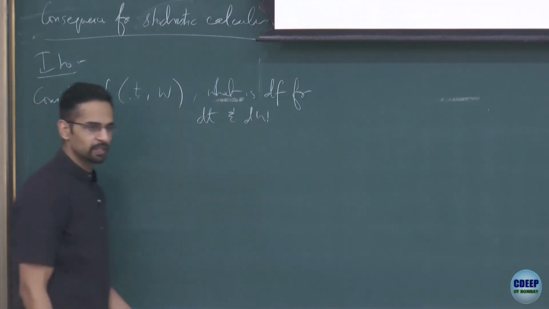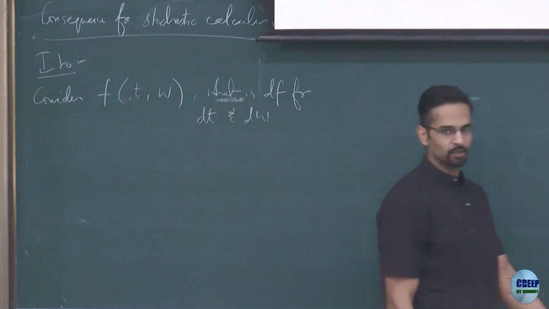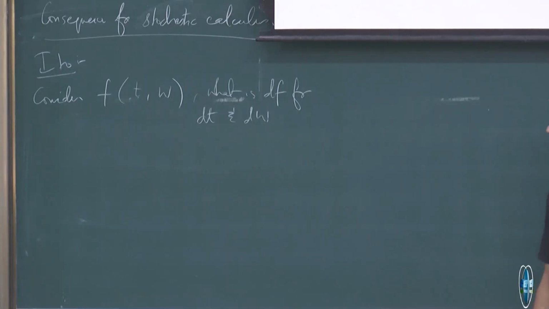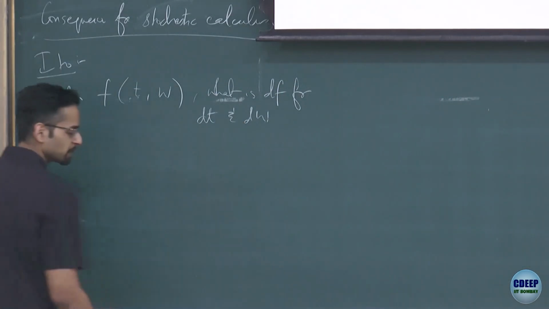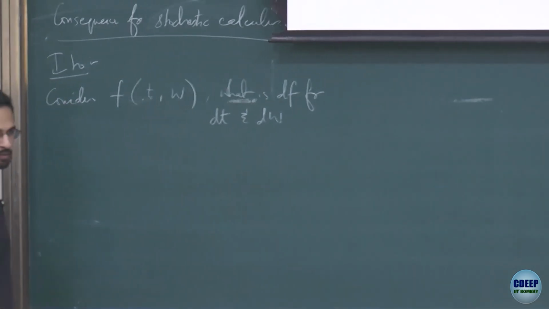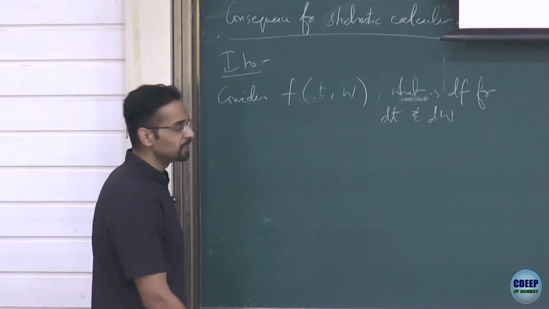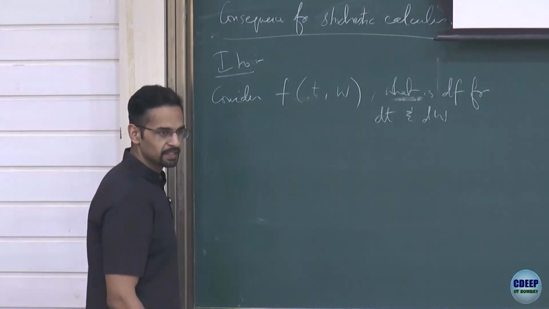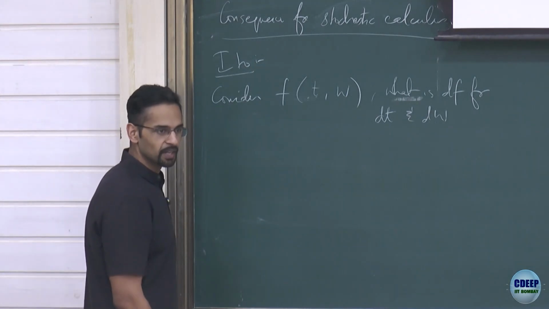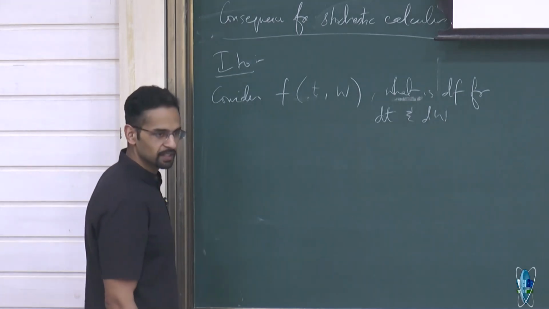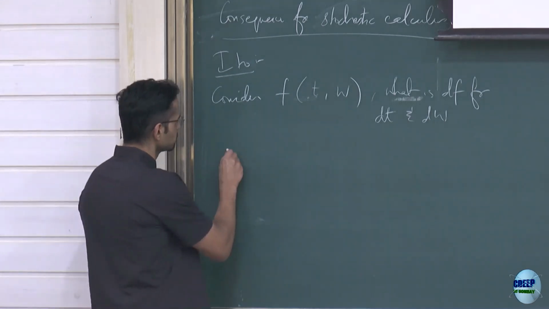This is what we would do in calculus: if it was normally deterministic, I would take the derivative of f, or I'd use a Taylor series. So what is the equivalent of the Taylor series? We've already seen that the Taylor series result has to be extended because of the Wiener increment behaving like root dt. So now we will derive the same thing.